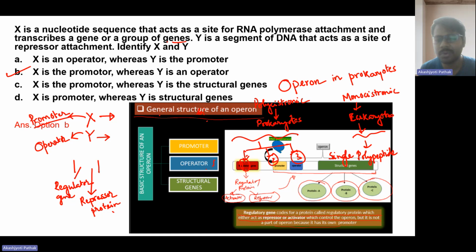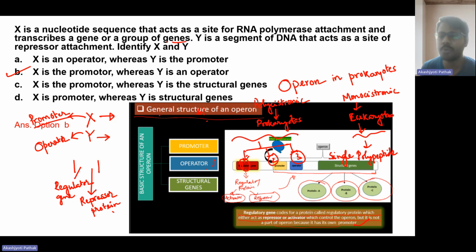The regulatory gene codes for a regulatory protein, which can act as a repressor or activator and controls the operon. But it is not part of an operon because it has its own promoter. Remember that the regulator gene is not part of an operon.